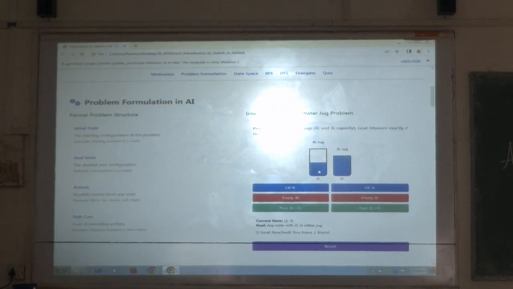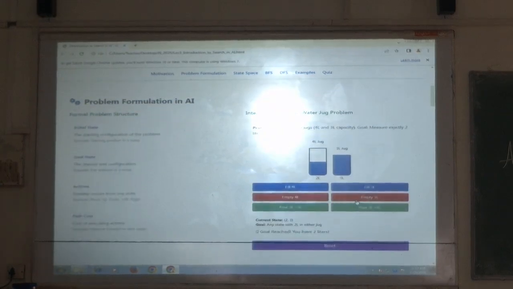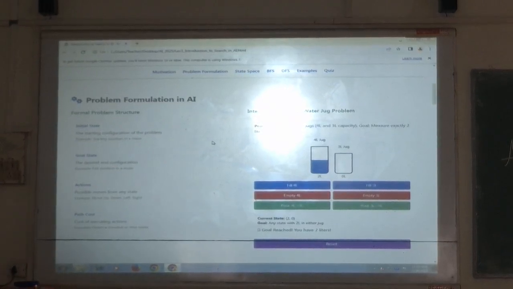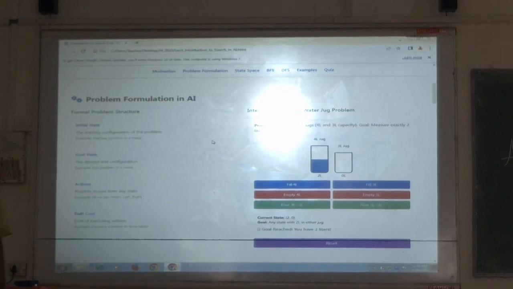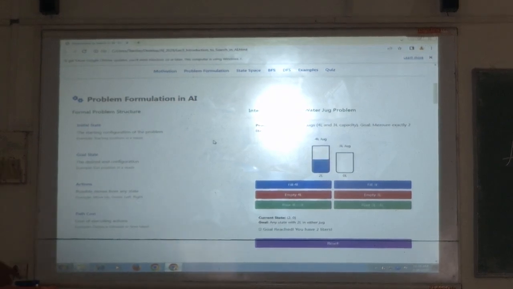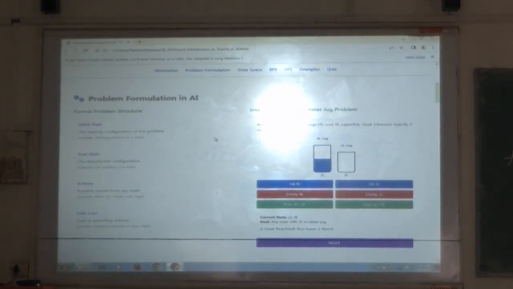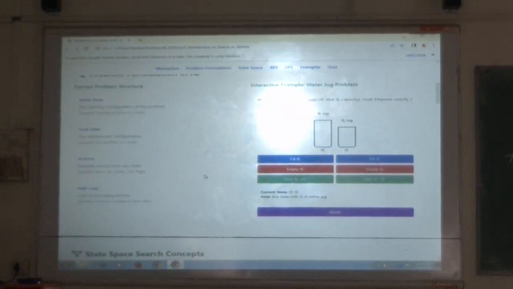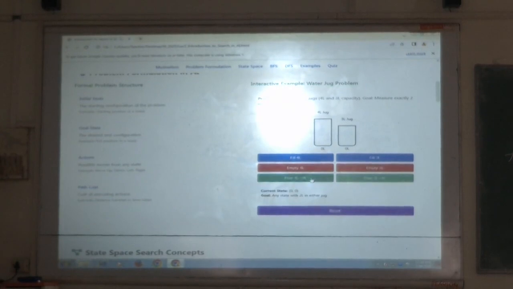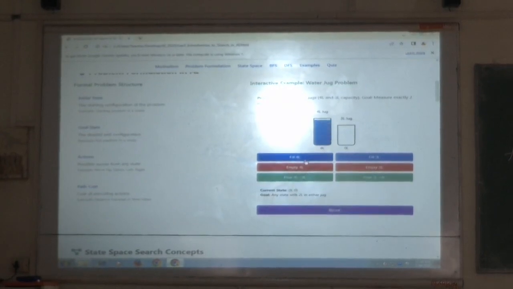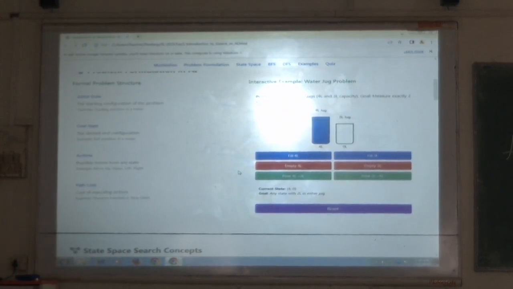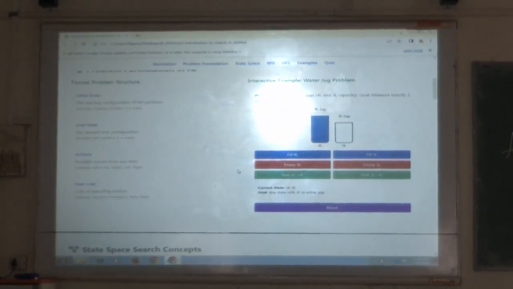Now you can empty 3. Got it or not? So let us try this solution again. Fill 4 liter. Then you draw the state space on your copy, what I'm telling.